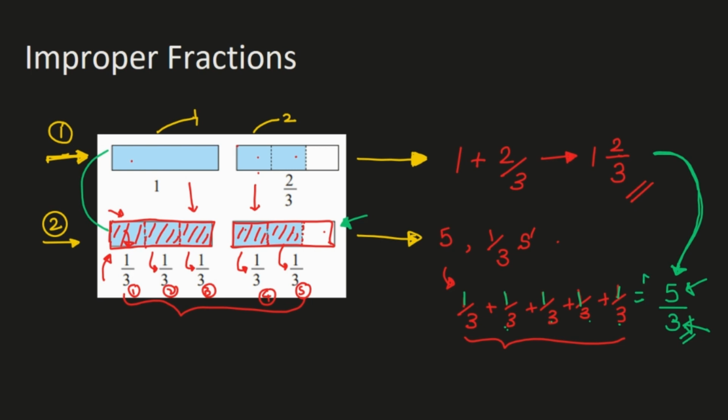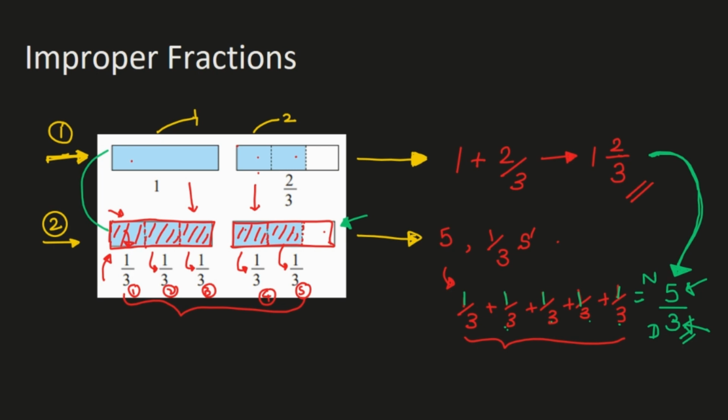Here, this is n, this is d. The numerator is becoming larger than the denominator. So this is common for mixed numbers. When you are converting mixed numbers into improper fractions, that's why it's called improper, because the numerator is greater than the denominator. So you can see how improper fractions can be generated from mixed numbers. So these types of figures can be represented either as a mixed number or an improper fraction.